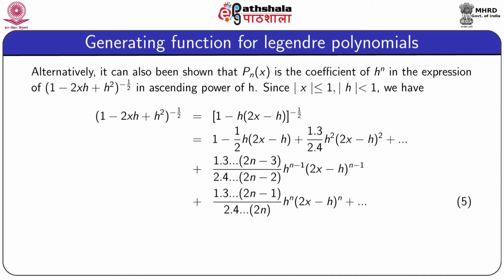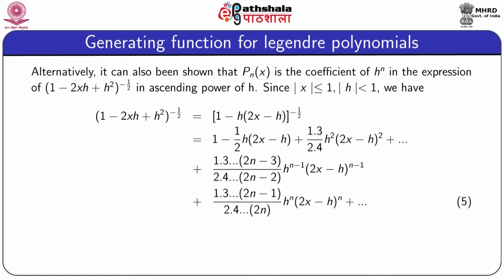We next look into an alternative derivation of the generating function of the Legendre's polynomial. We look into expression number 6, which is a binomial expansion of 1 minus 2 x h plus h square to the power minus half. You can express this in the form 1 minus h into 2 x minus h whole to the power minus half.